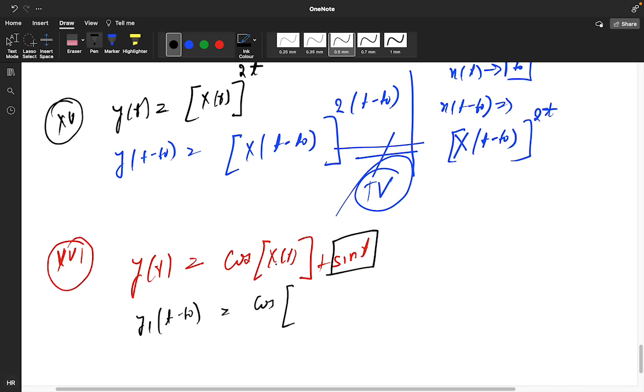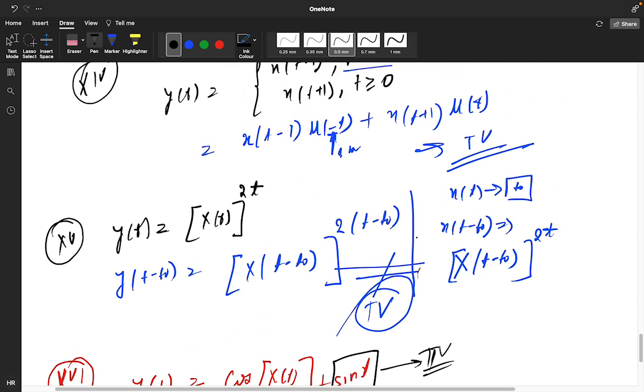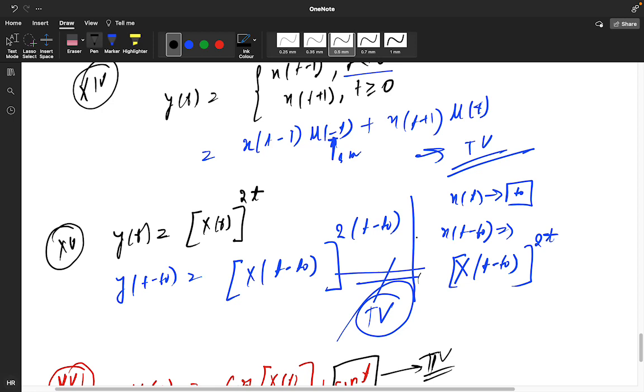Or, cos of x of t is there, the x function is coming inside cos, so by seeing this also you can say directly that it is time variant. So this was the concept of time variant and time invariant.